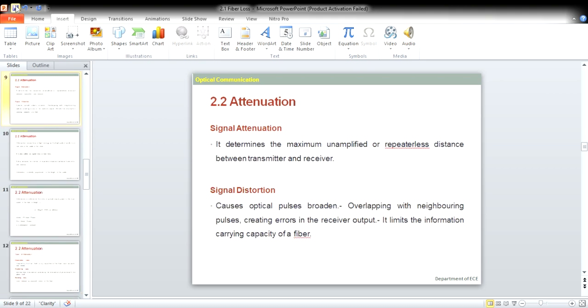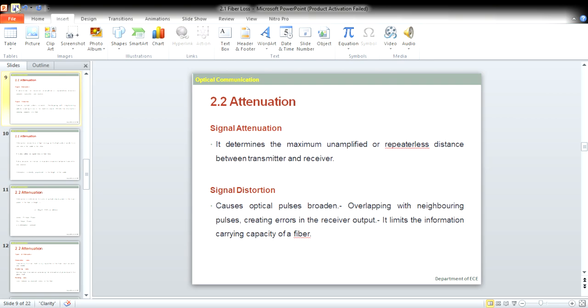Signal attenuation determines the maximum unamplified or repeaterless distance between the transmitter and receiver. So we have to find the distance between transmitter and receiver without the help of repeaters. What will happen if signal distortion happens?